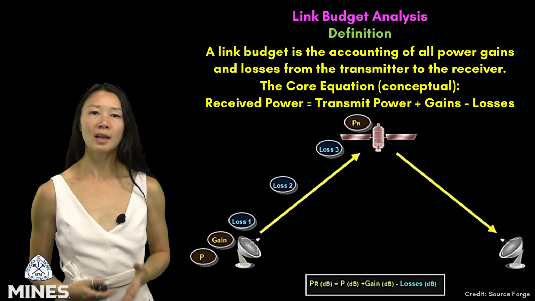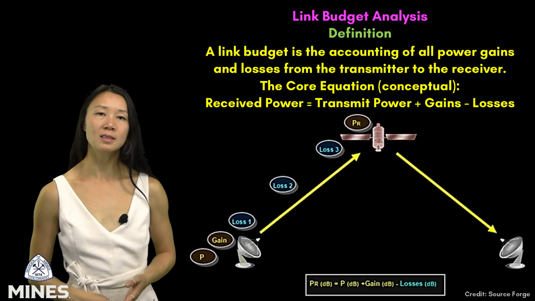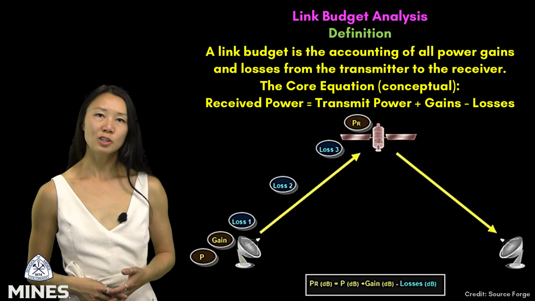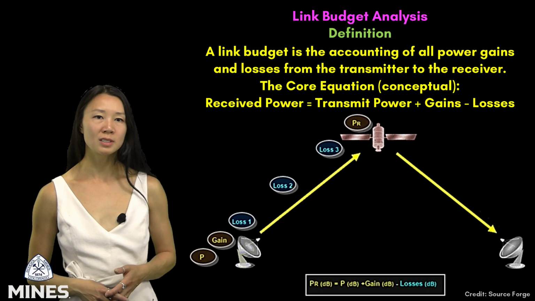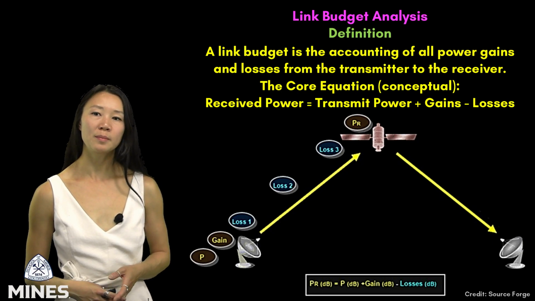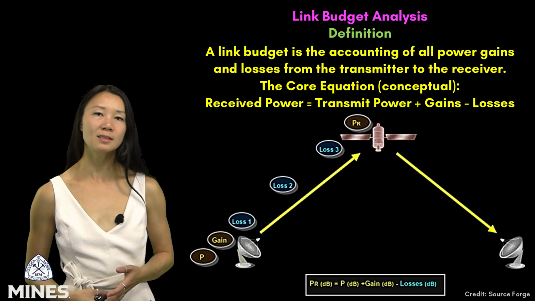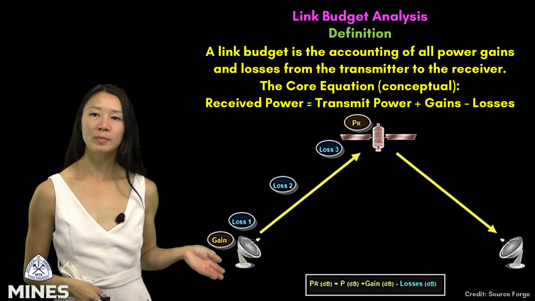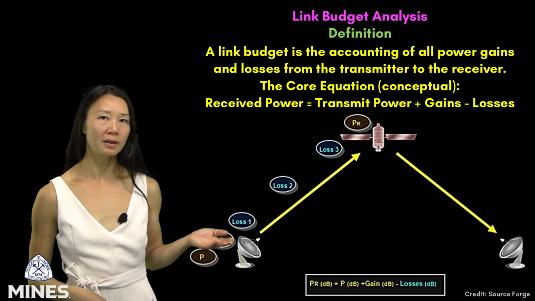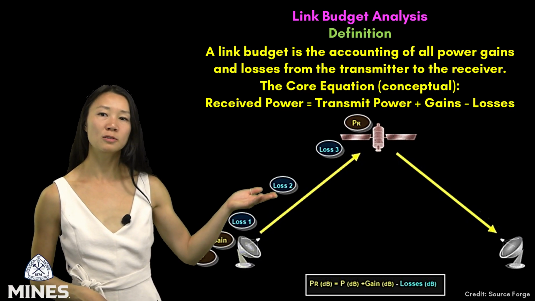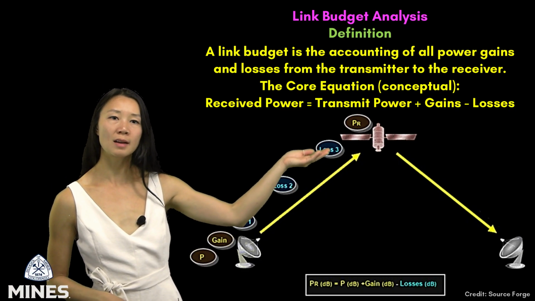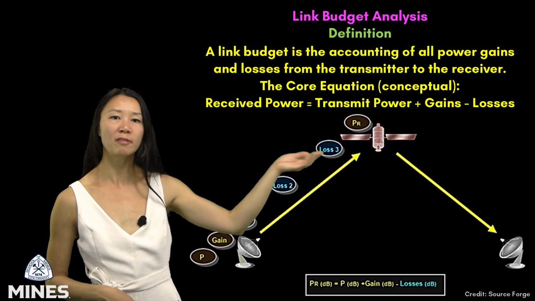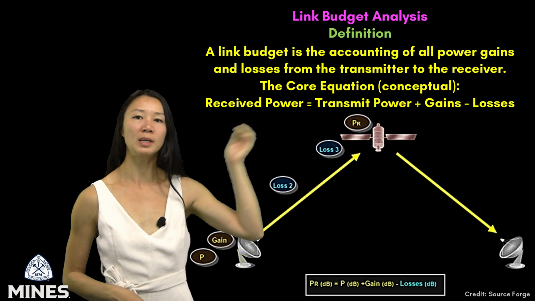A link budget accounts for all of the gains and losses a signal experiences on its journey from the transmitter to the receiver. In this diagram, the transmitting signal is sent to the antenna with some power P. It's amplified by some gain, and then there's a loss in transmission, a loss through free space, a loss at reception before the spacecraft finally receives the signal at power PR.